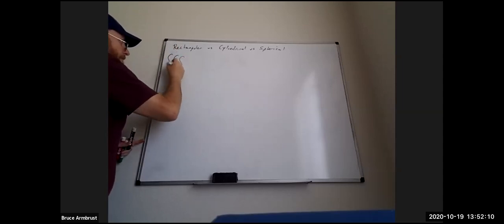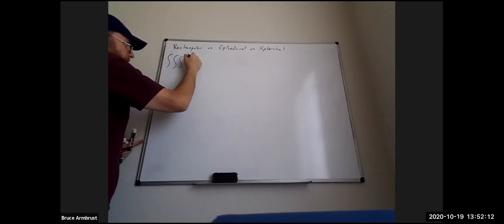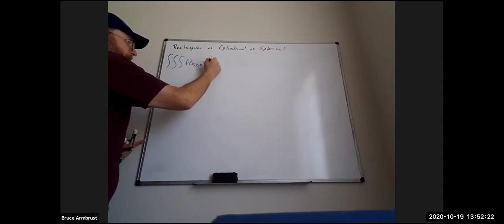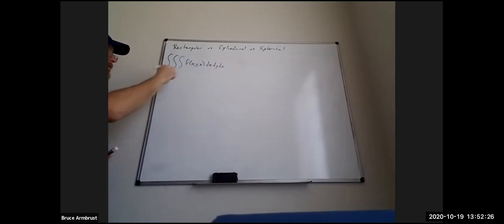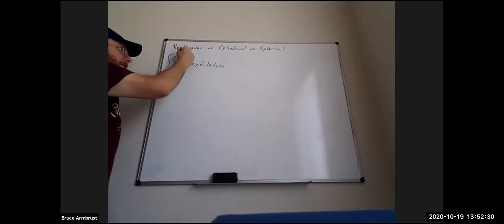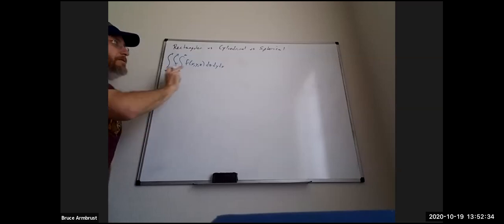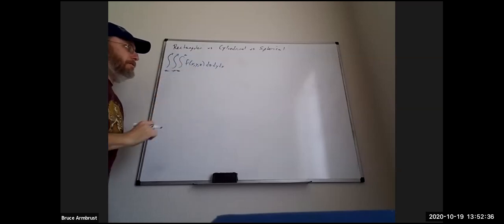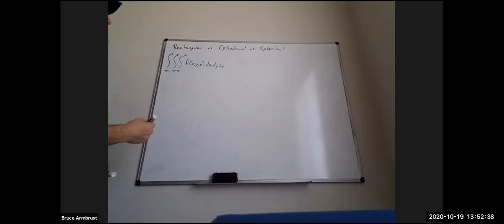So that's the integral over V of f of x, y, z, and then dz, dy, dx, or insert your favorite order. And then there are bounds on these that are functions of x, y, and z. So that was rectangular, no big deal. We're totally cool with that.